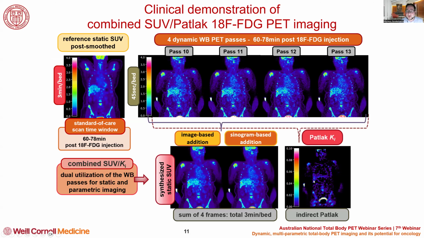And then the same data we can also analyze by PATLAG and obtain the PATLAG analysis. This can be done indirectly by looking at the reconstructed images or directly, as I will show you later, to improve the noise. And the same method can also apply for total body bed imaging, except for the fact that you only have 1 bed transition per pass, and therefore much better statistics, as I will show you in a few slides later.